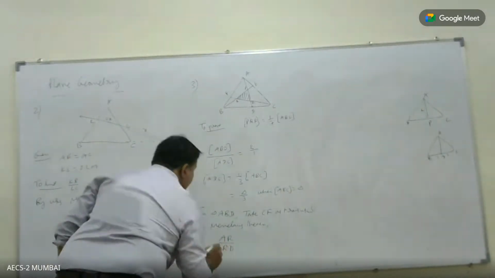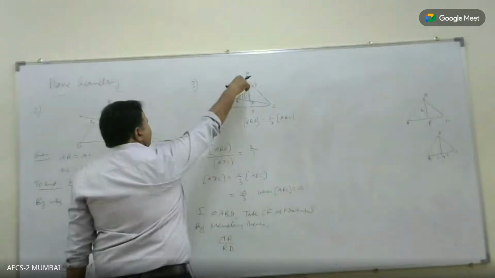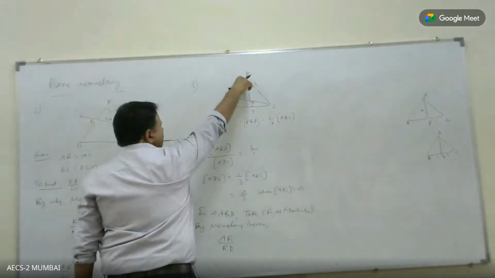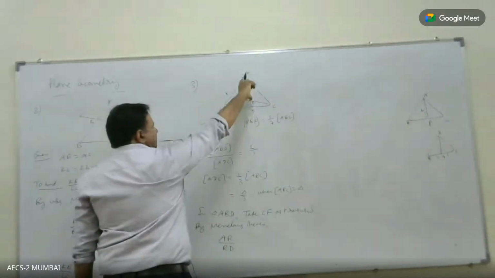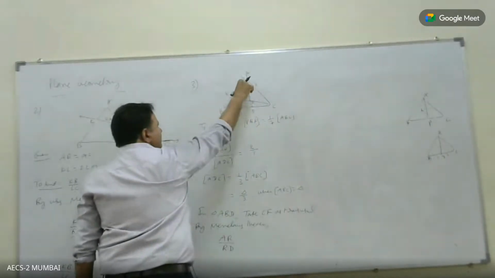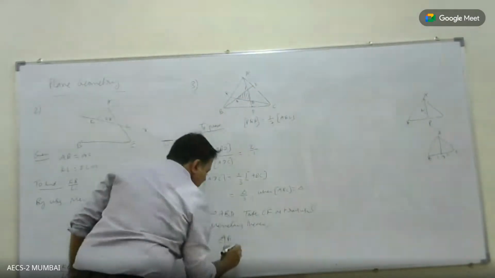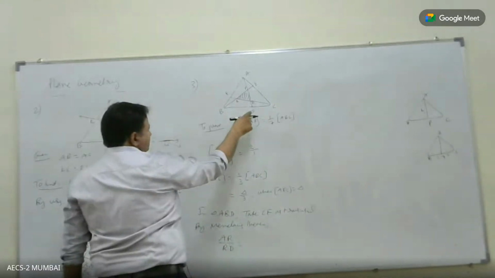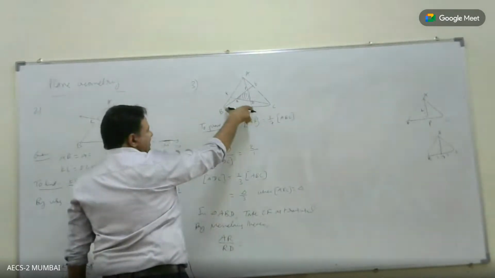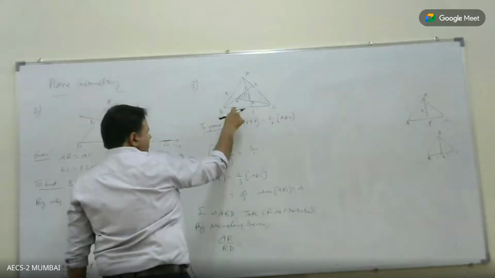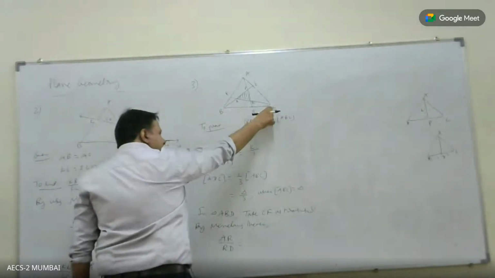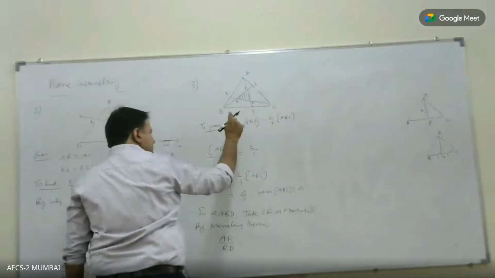AR by RD. I start with the vertex A. I am going this way. AD is cut at R. So AR by RD equal to what is the next ratio? I should target vertex B. BD is the side. It is cut at C. DC by CB.